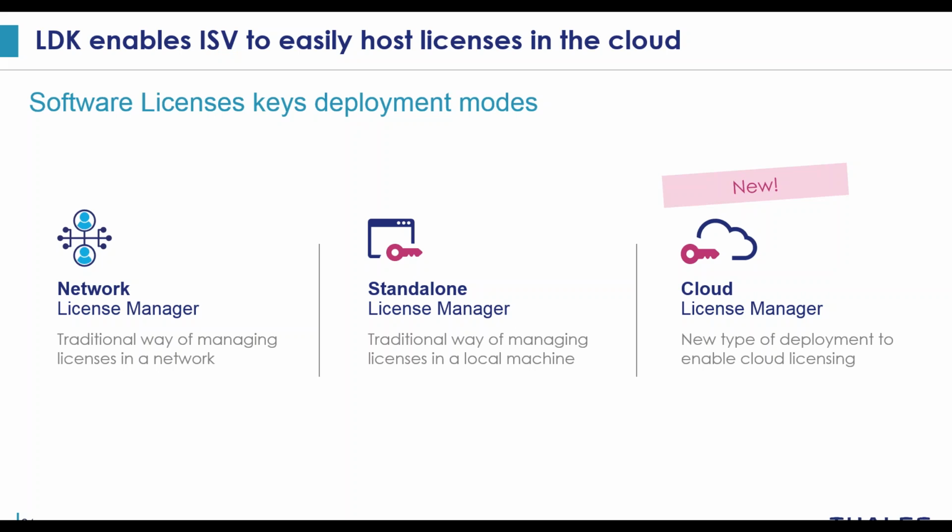Then we have the standalone license manager. This means that you have the license installed on a target PC. So there is no need to have a connection to a network license server, and the license is independent from any access.